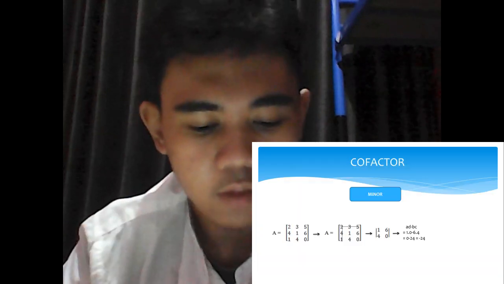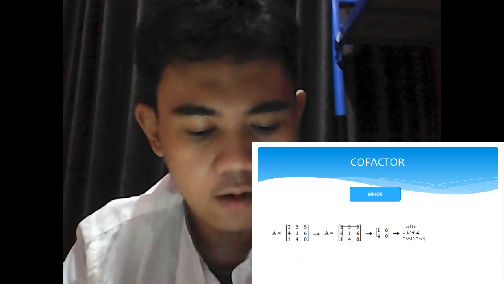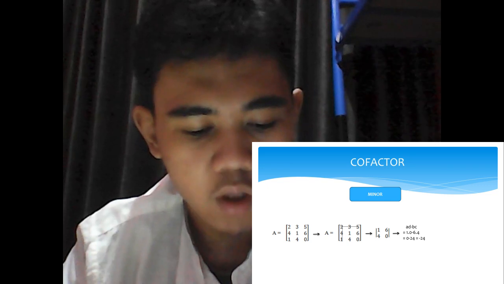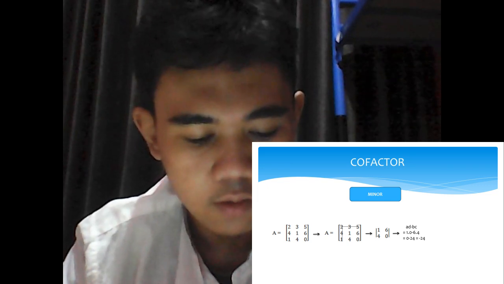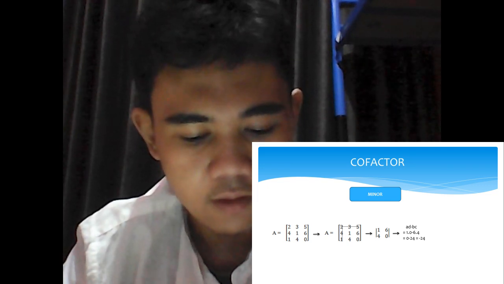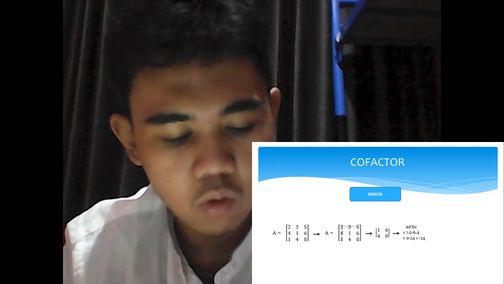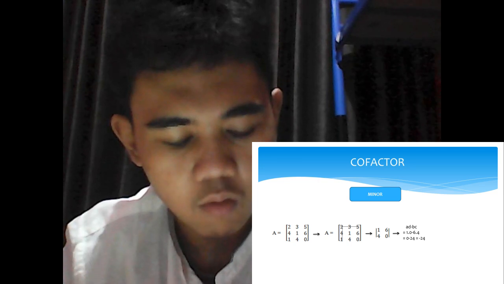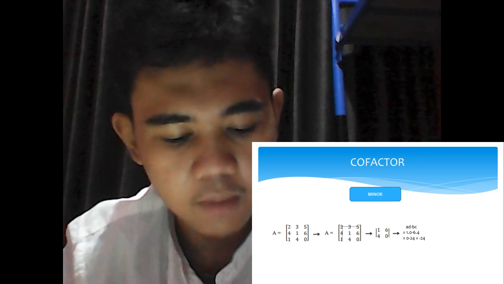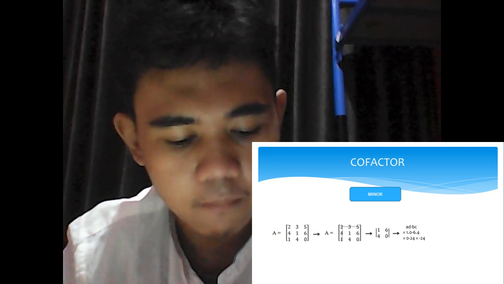So I'm going to bring up matrix inversion. Let's start with the cofactor. Here are the first two and the last two calculations of the matrix of minors. To find the second element of the minor, we cross out the first row and the first column.